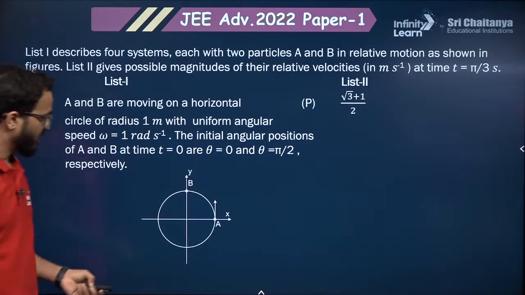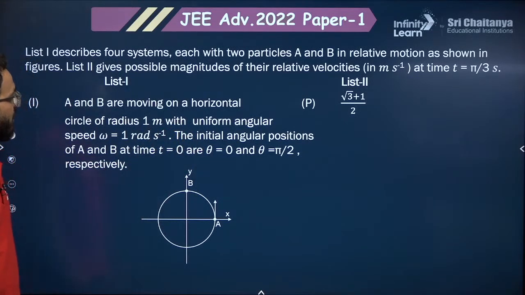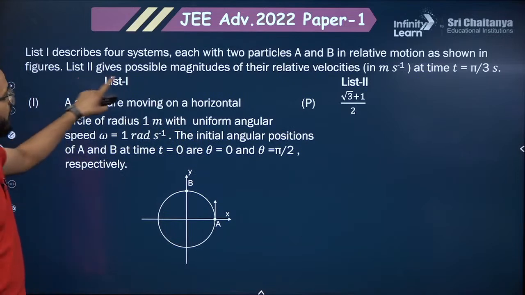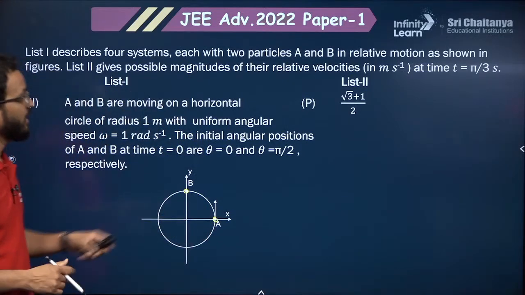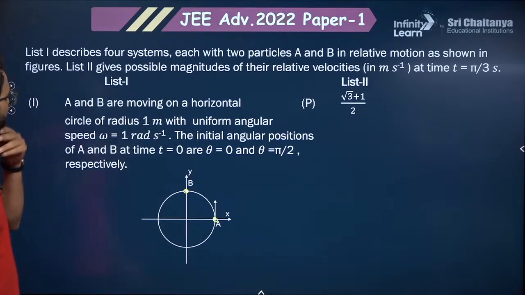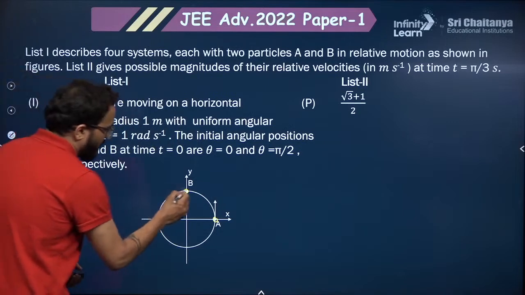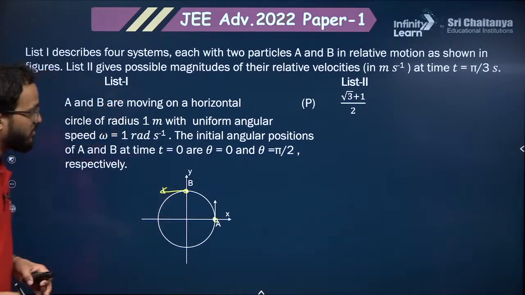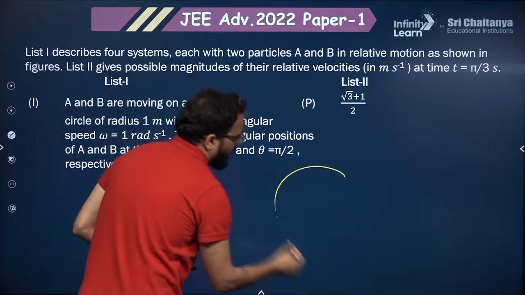Okay, so this is interesting. This is a very easy and interesting question. They are saying that each particle A and B is in relative motion as shown in the figure. Both are moving with the same angular speed. After time pi by 3, what is the relative speed?